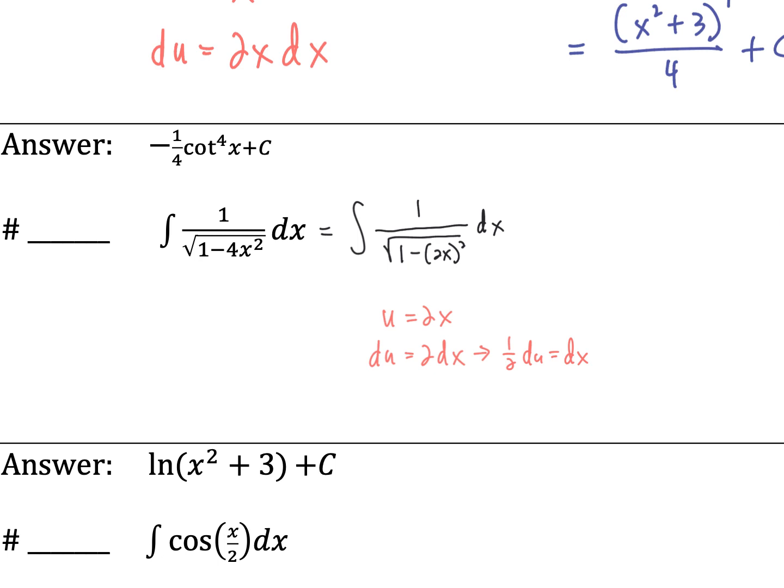Okay, so let's do our substitution. Okay, so this dx is really kind of in the top here. This dx could get multiplied in the top, so I'm going to put the 1/2 du in the top here.